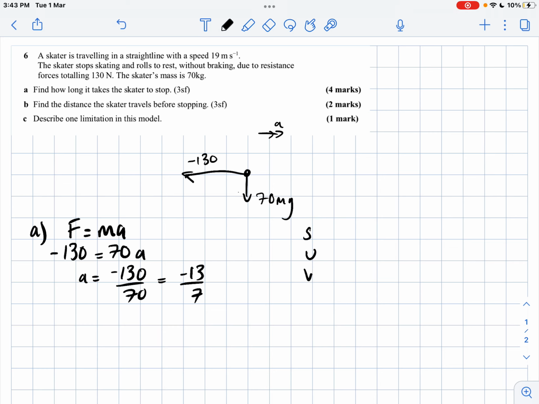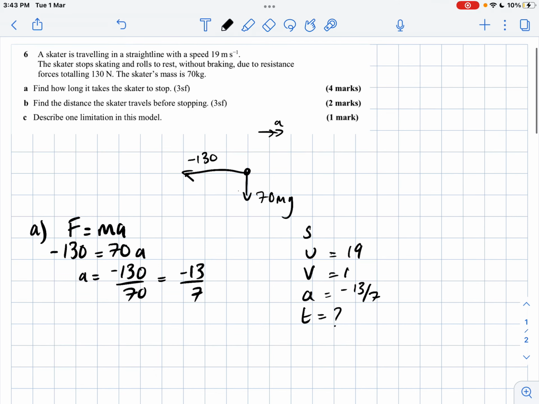So using suvat, what have I got? I want to work out the time it takes. My acceleration is minus 13 over 7. I know that the initial velocity is 19, and the final velocity is 0 because the skater comes to a stop.